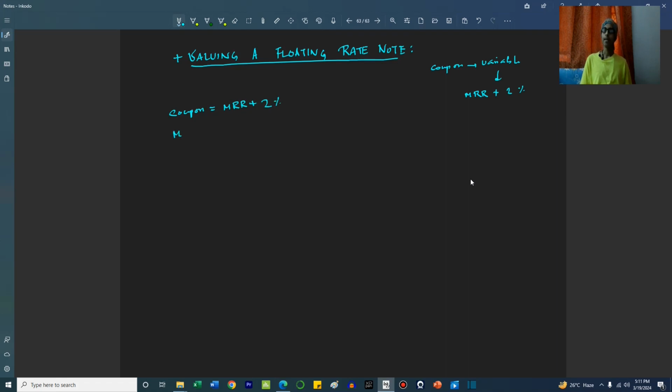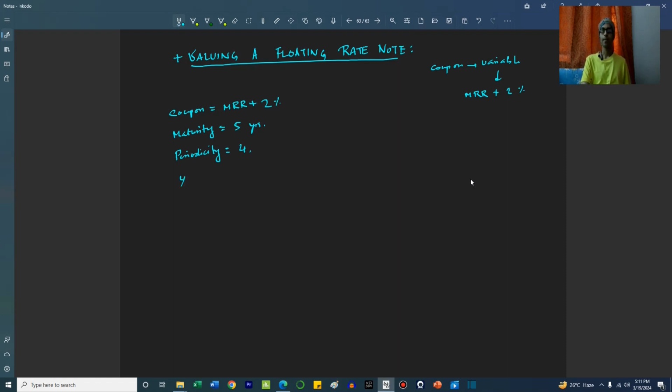So now the coupon, let's say, is MRR, some market reference rate, plus 2%. Let's say the maturity is 5 years. Let's say it's a quarterly coupon paying bond. Okay. So the periodicity is 4. Now in case of a floating rate note, there is no fixed yield also.